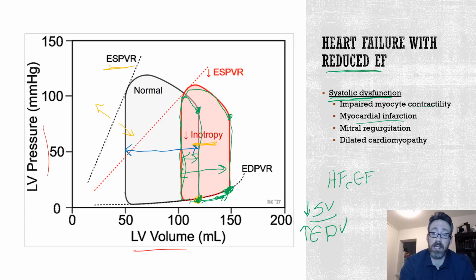That means an increase in the denominator plus the decrease in my stroke volume is going to result in a reduced ejection fraction. So this is again systolic heart failure with a reduced EF. Just think inability to contract.